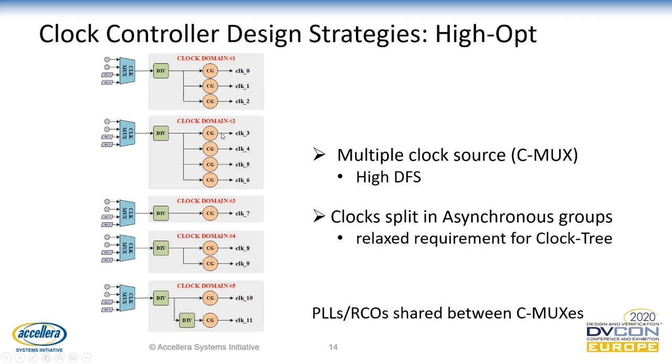And at the same time, all these clocks are split in asynchronous groups. One thing to say is that from our analysis, all these clock MUXes are driven by the same RCO and PLLs. Essentially, these are shared between all of them.